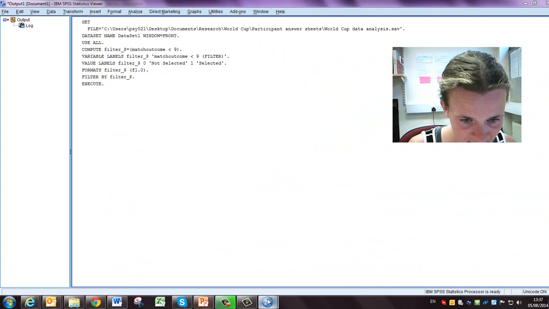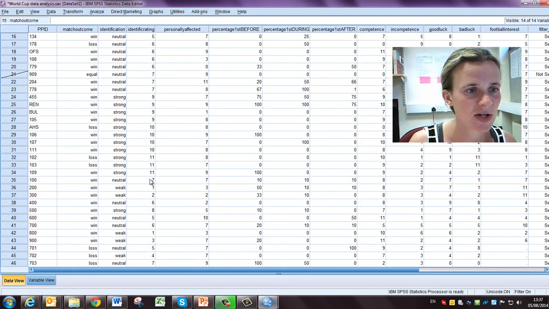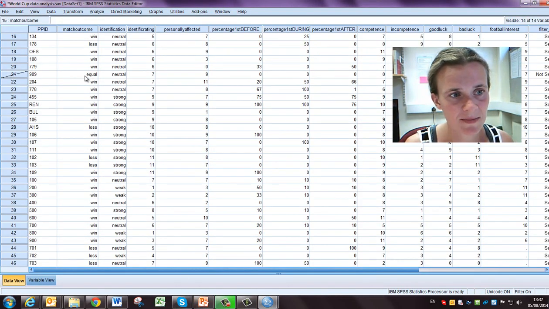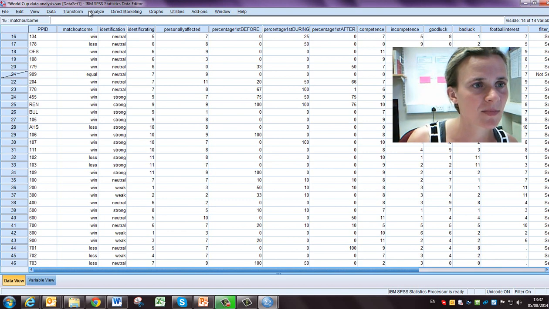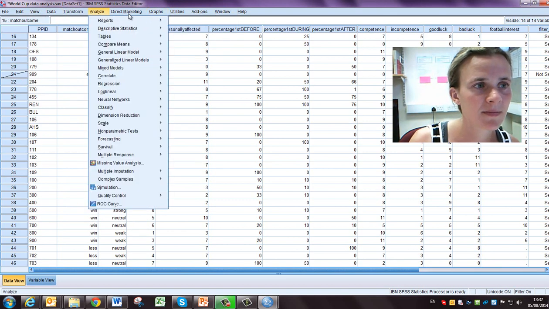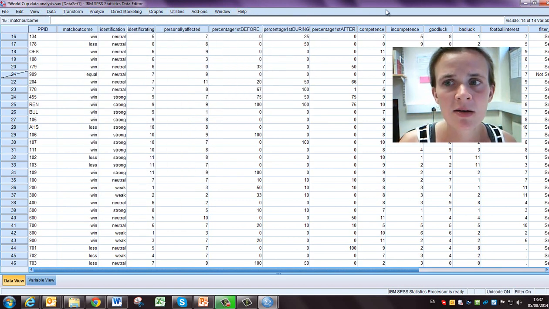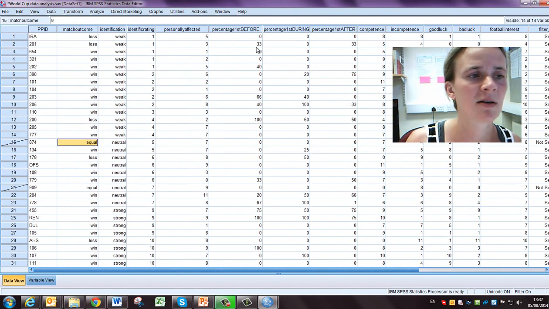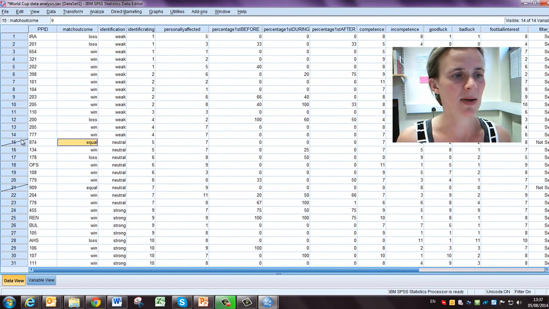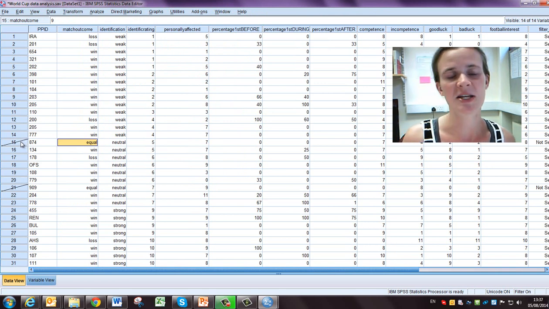Where have my data gone? So as you can see here now, the equals are taken out, but you can see that by the little bar there. Well, it looks a bit different from how it usually looks. But anyway, that tells us the data have been filtered out.